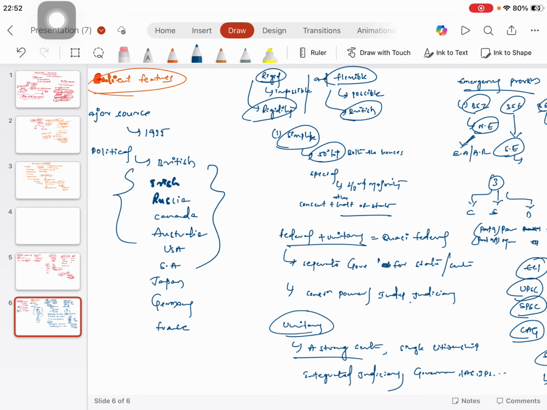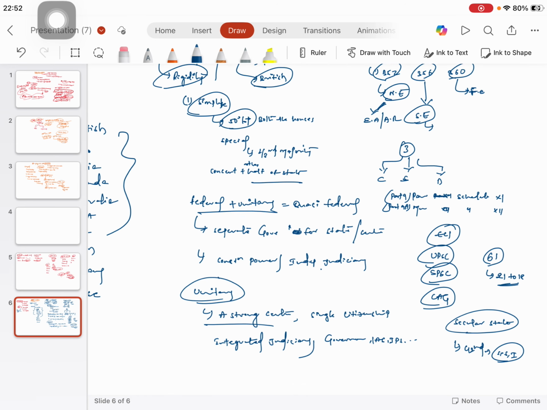Emergency provisions: Article 352 is national emergency, external; 356 is internal emergency; 360 is financial emergency. We have a three-tier government of center, state and district, with panchayat and municipalities in schedules 11 and 12.